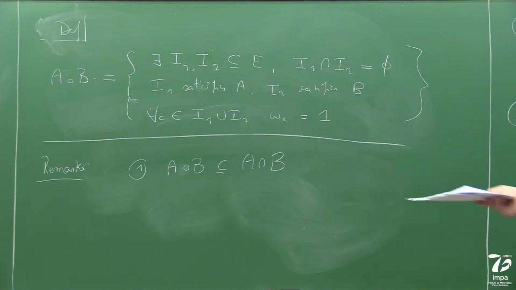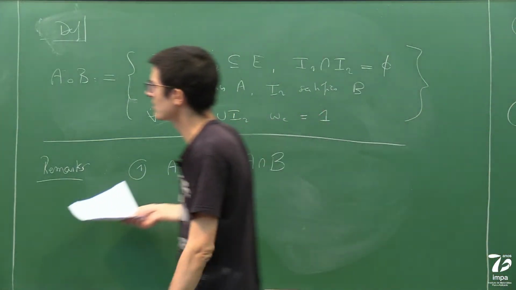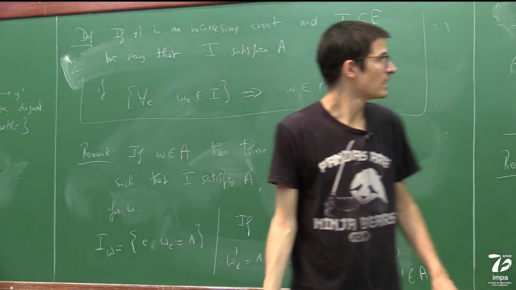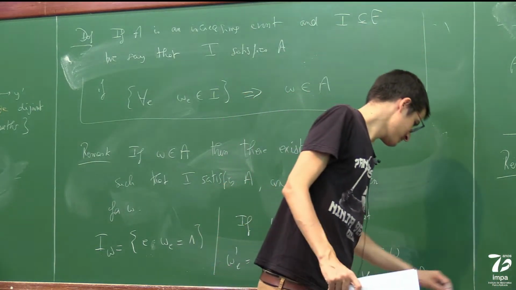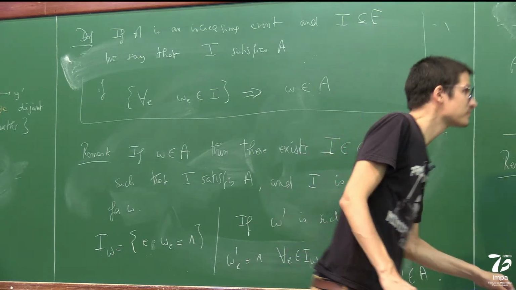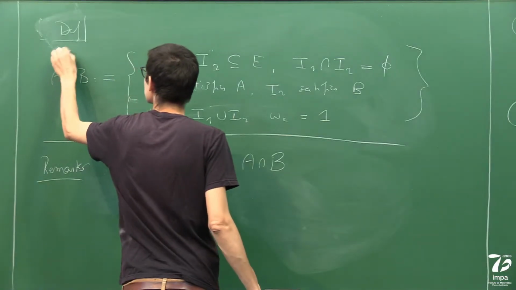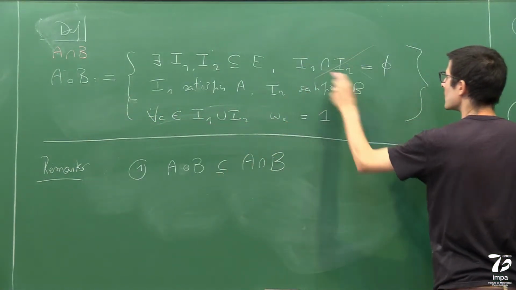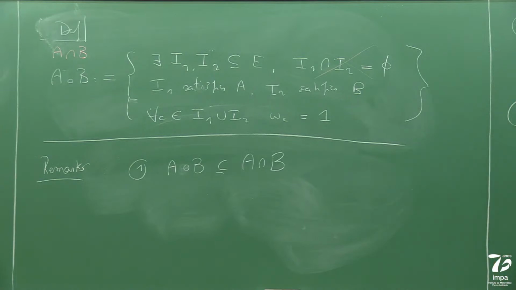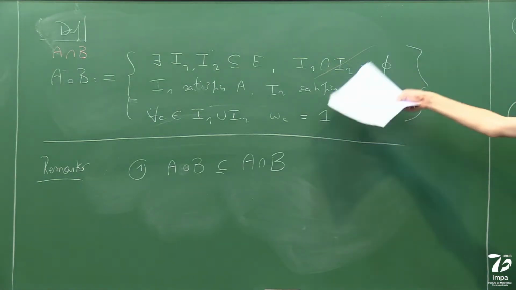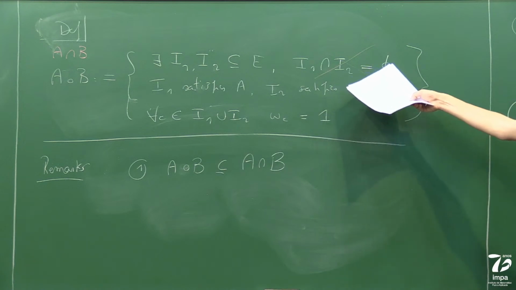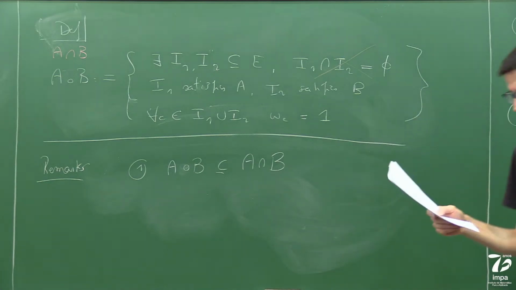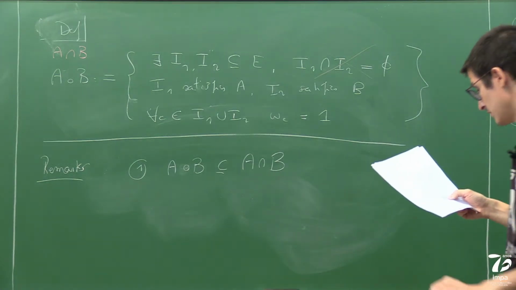Okay, and the reason why it is so is just this observation here. Basically, if you take away this disjoint assumption, what you get is just the intersection. So what you have here is a more restrictive event.